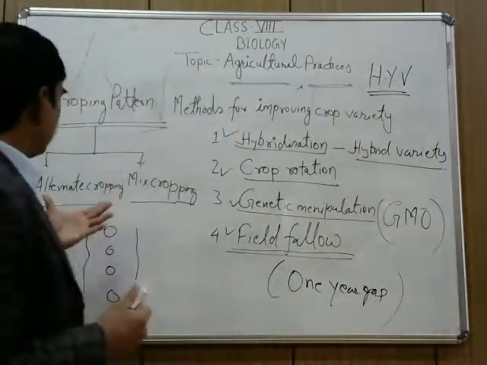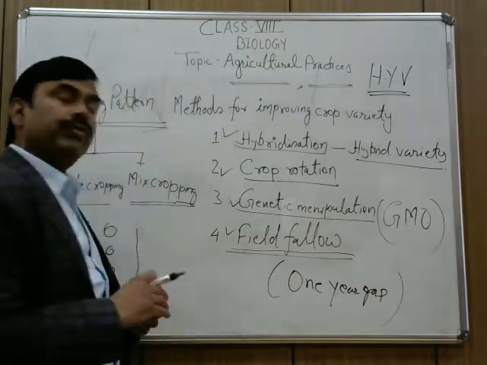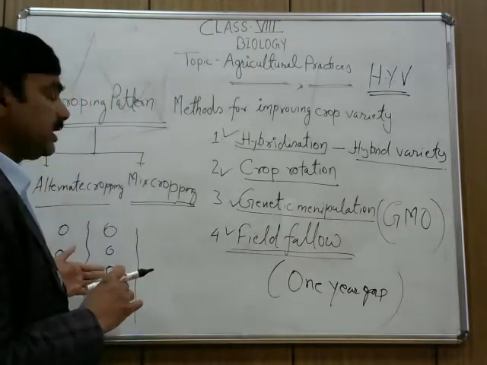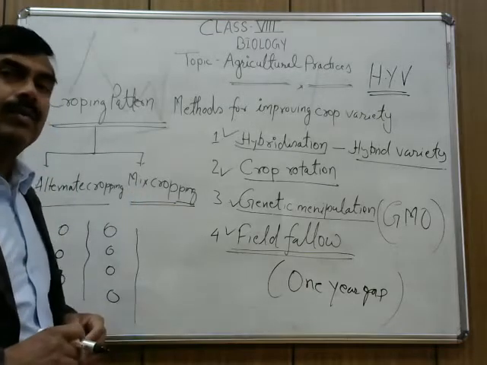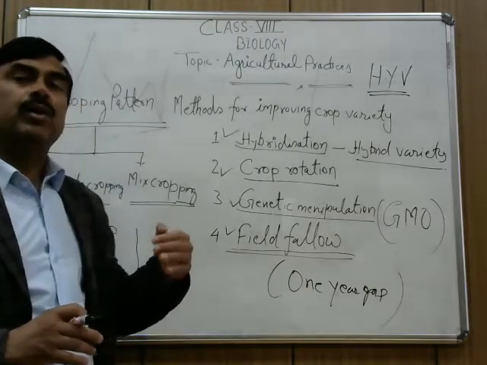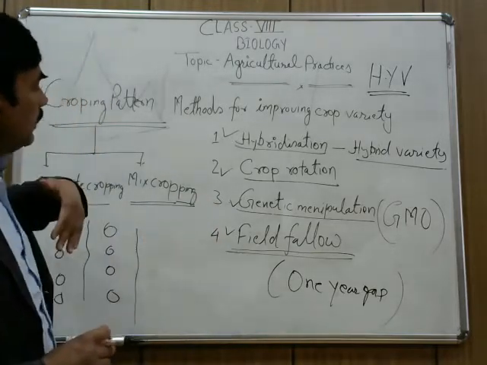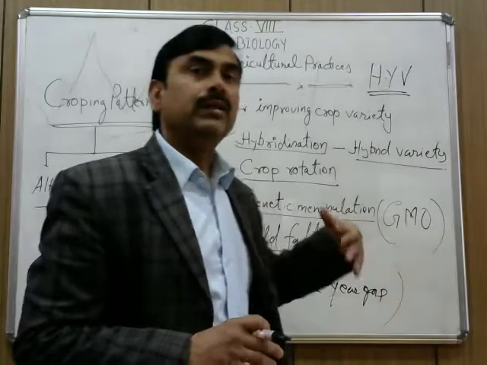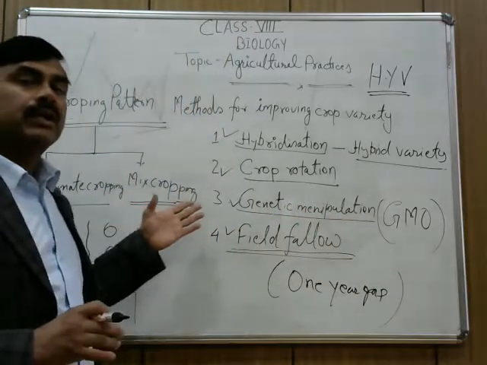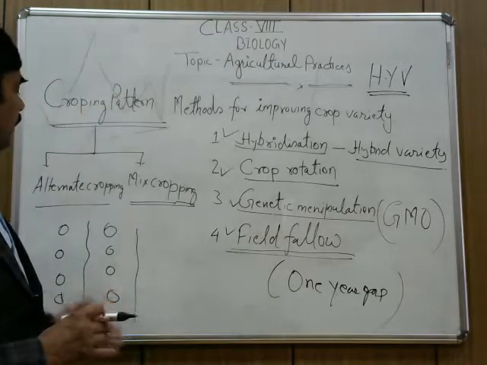In the mixed cropping, what we do, we don't follow the alternate cropping method, but in the mixed cropping, 2-3 varieties are grown in one field at one time, and they are grown in the mixed way, in the mixed pattern, so there is no need of row pattern.